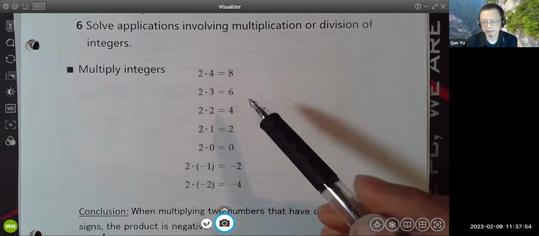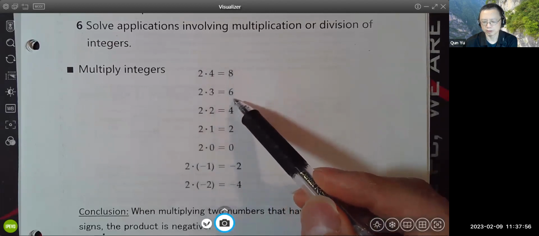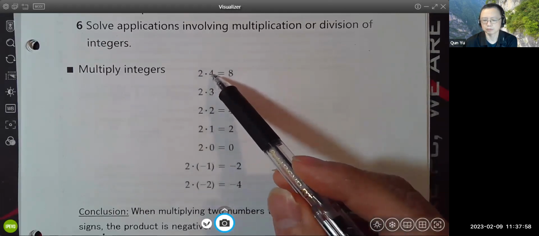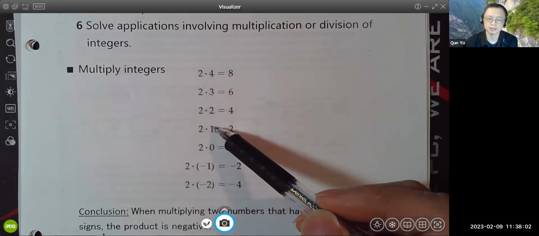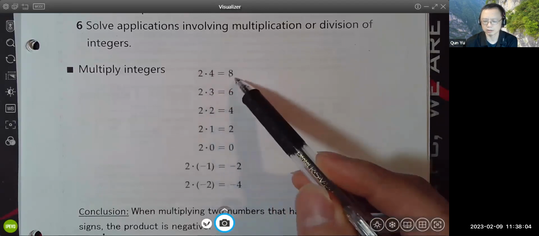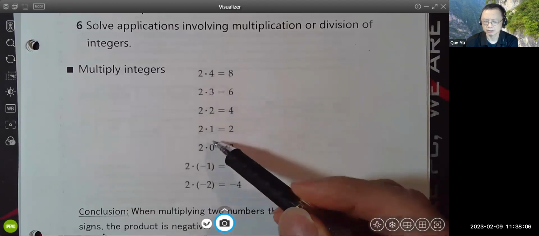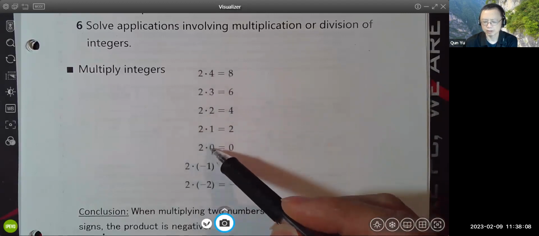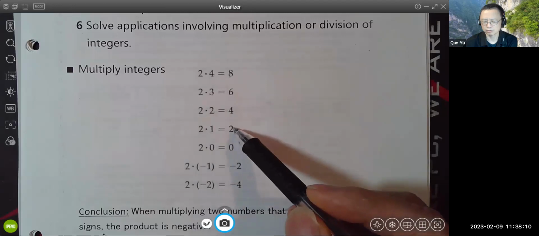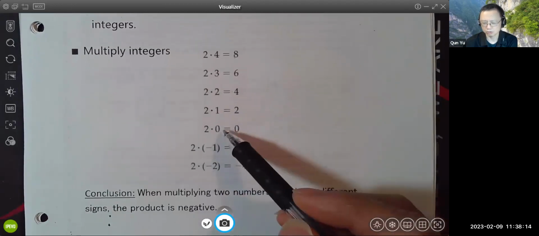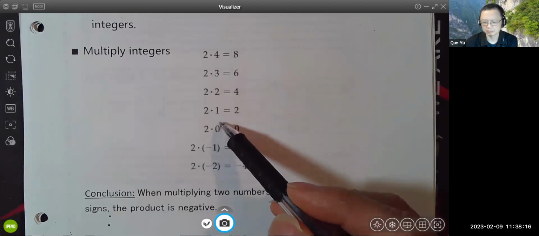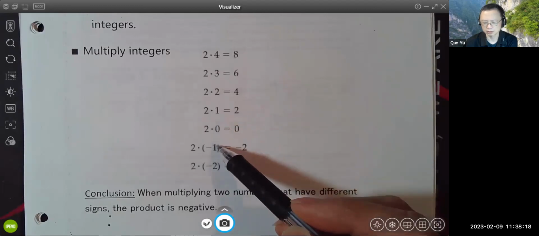So far, we see the result is always reduced by 2 whenever we reduce by 1 in the second factor. Now continue from 1 to 0, reduced by 1, from 2 to 0, reduced by 2. Now we want to reduce another one from 0 to -1.